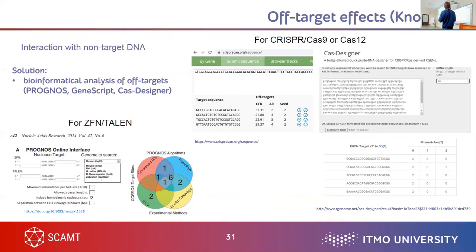You insert the whole sequence of the target gene, and it gives information about possible guide RNA to use and possible off-targets that can be affected by the designed CRISPR-Cas system. So one solution to off-target effects is the use of bioinformatics software.